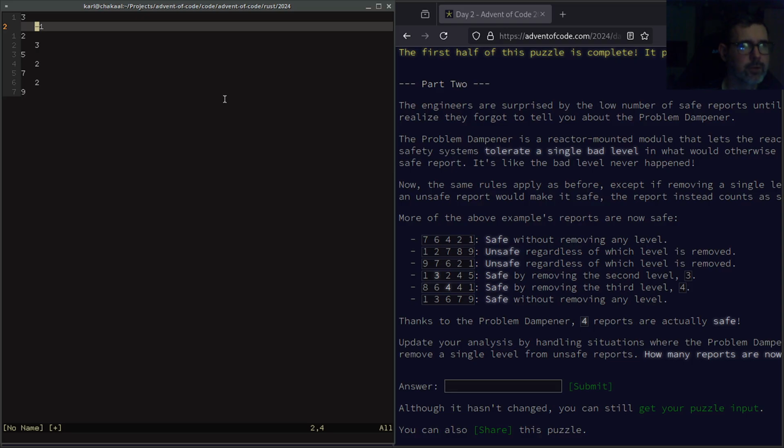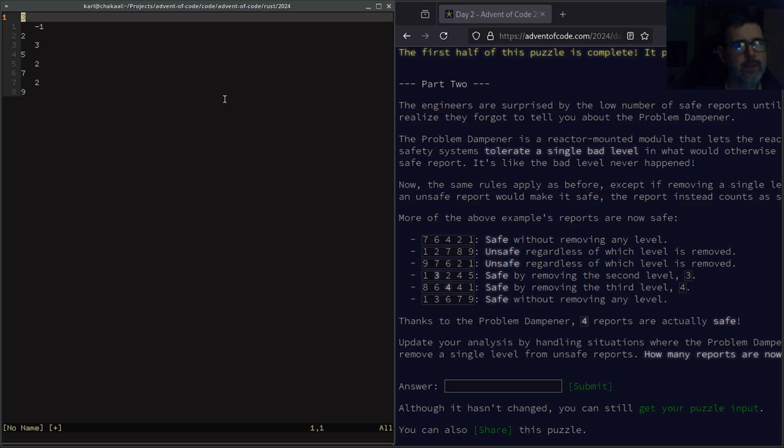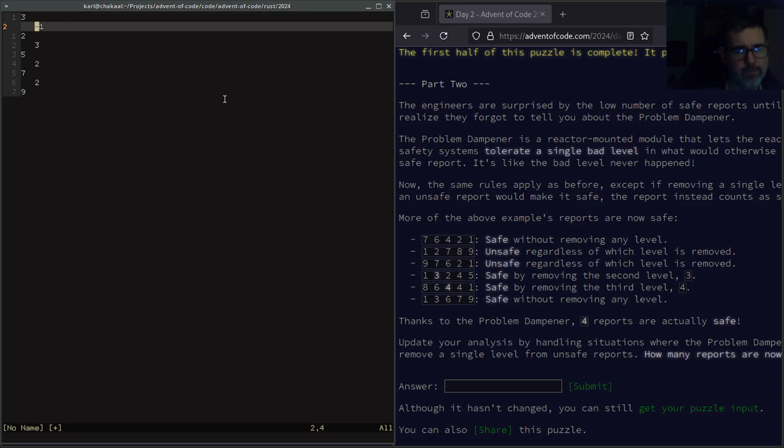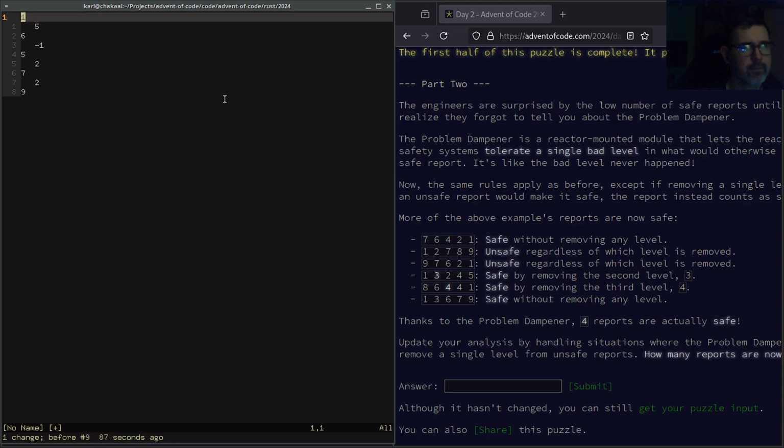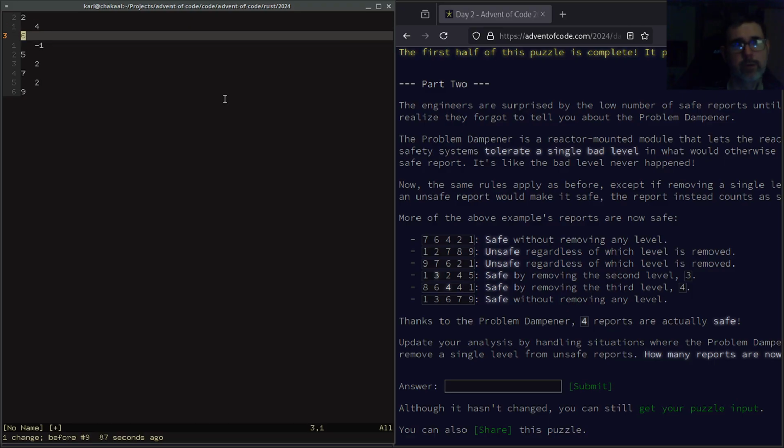So there are cases where with this bad transition, we want to throw out the node before it. But in the previous case, if we throw out the node after the bad transition, then we're in good shape.